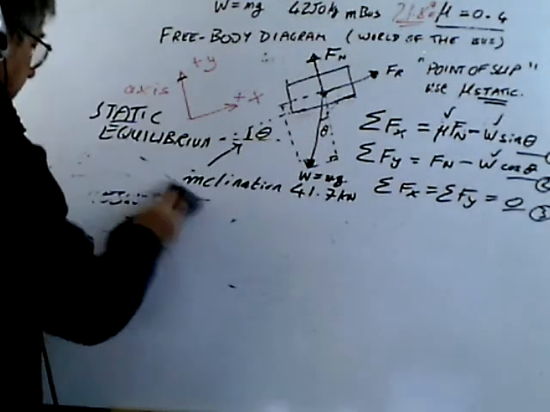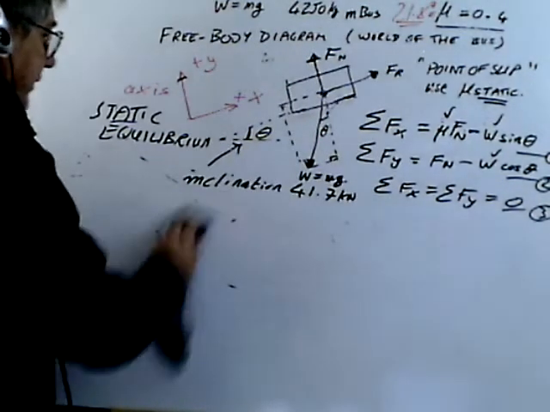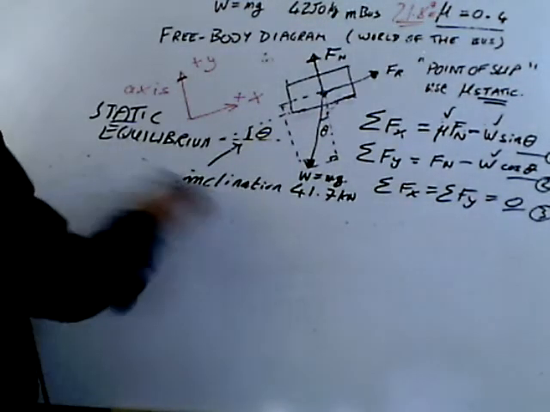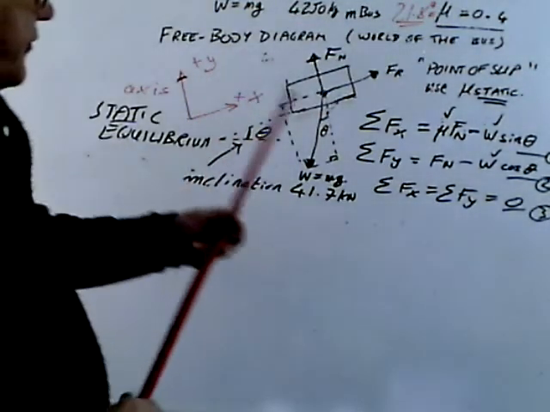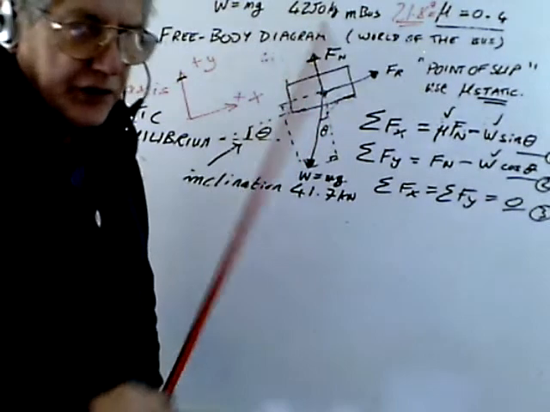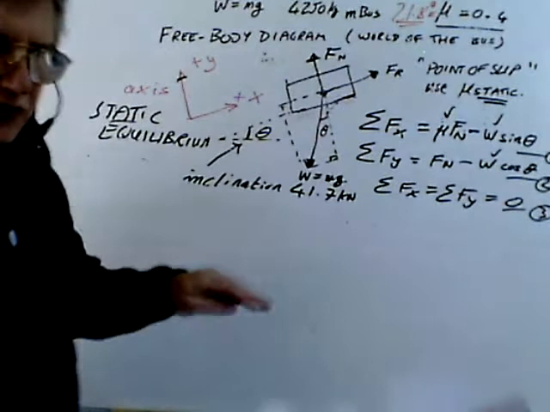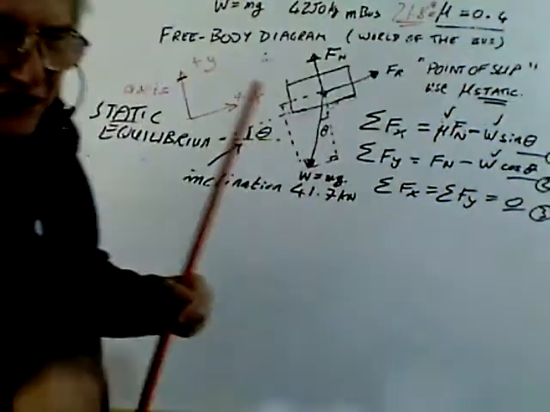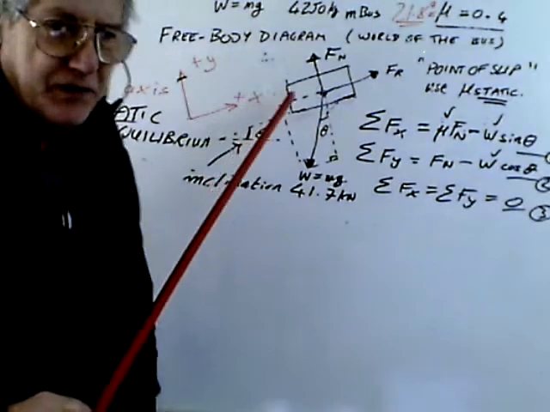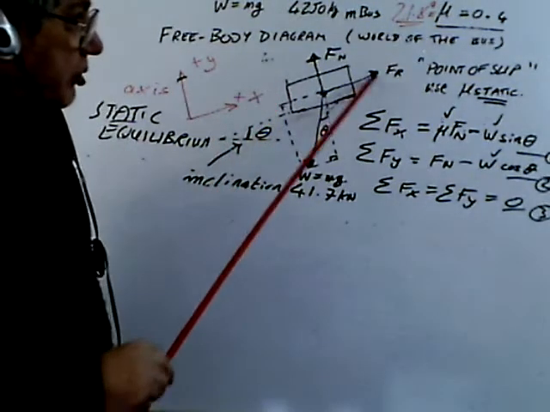So, to conclude, so far we have made the assumption that the bus is sitting on what we call a rough surface. Now, a rough surface doesn't mean rough in the traditional sense. It's opposite to a smooth surface. If this was a smooth surface, there would be no friction.